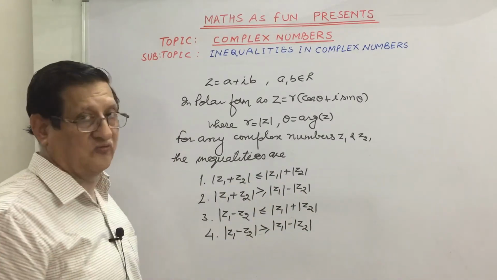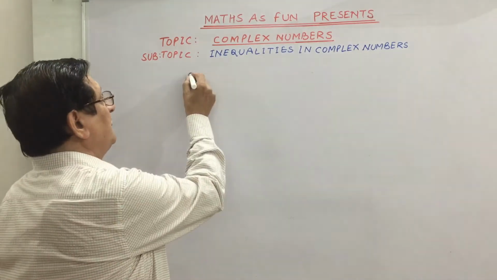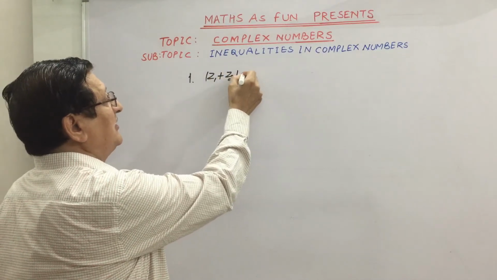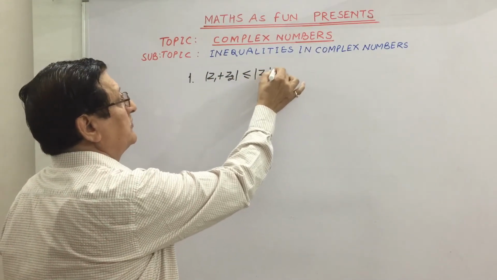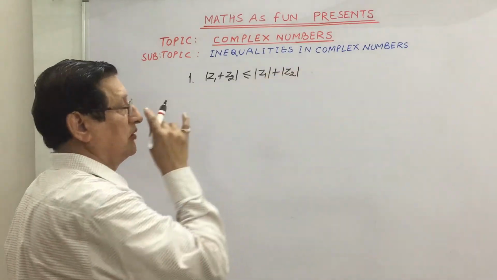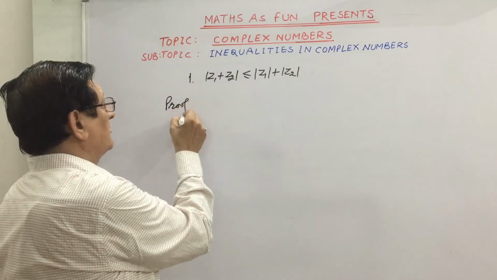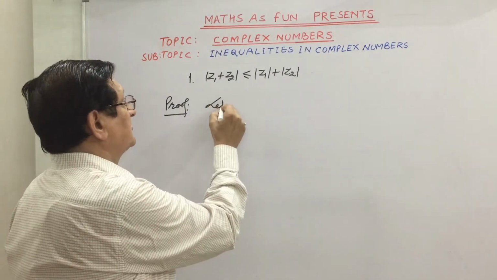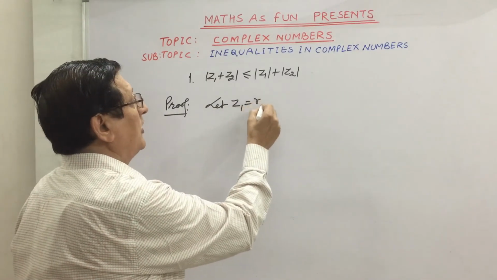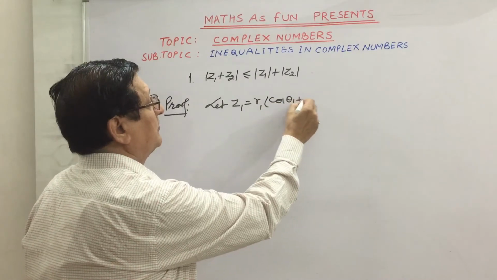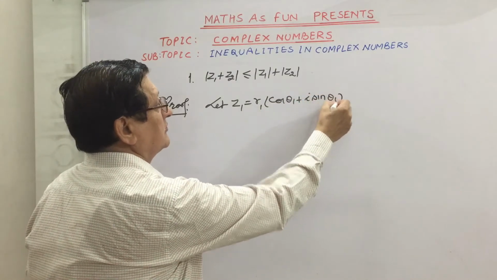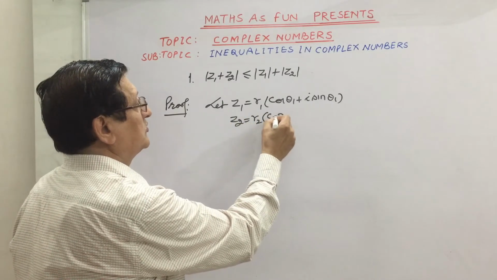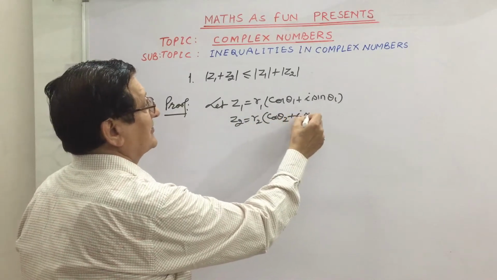Let's learn about the proof of them now. The first property we have, modulus of z1 + z2 is less than or equal to modulus of z1 + modulus of z2. For the proof of it, we take any two complex numbers. Let z1 = r1(cos θ1 + i sin θ1) and z2 = r2(cos θ2 + i sin θ2).